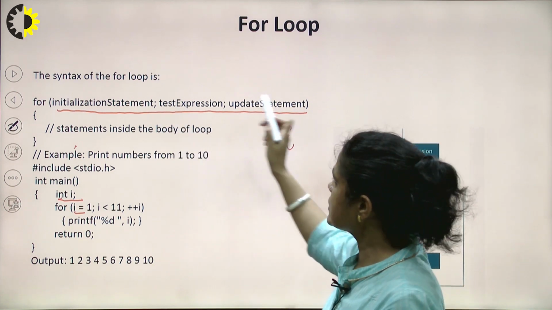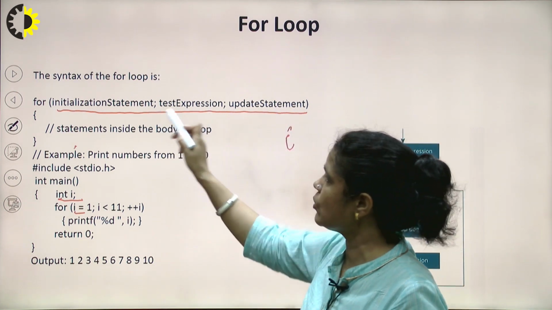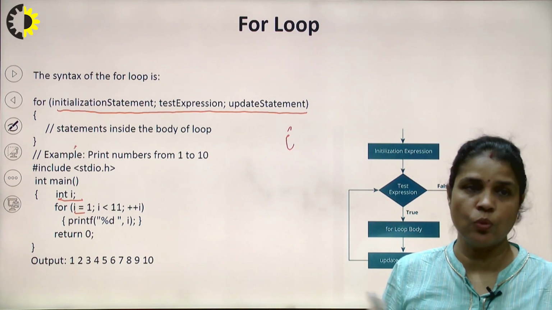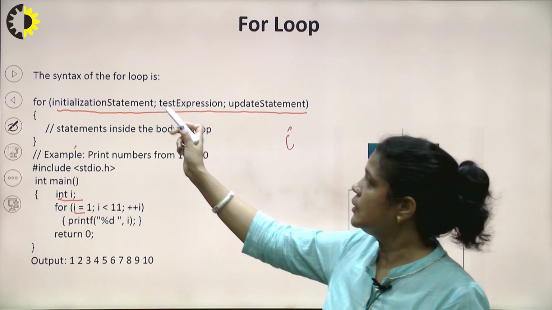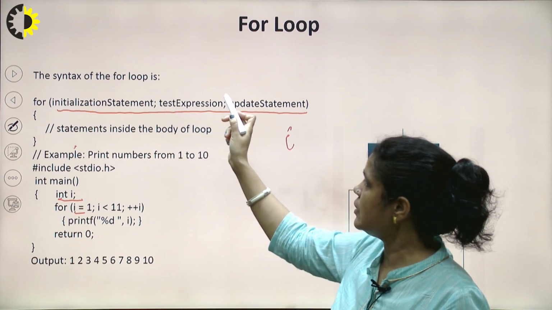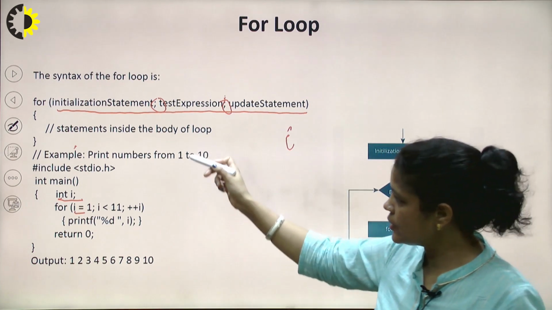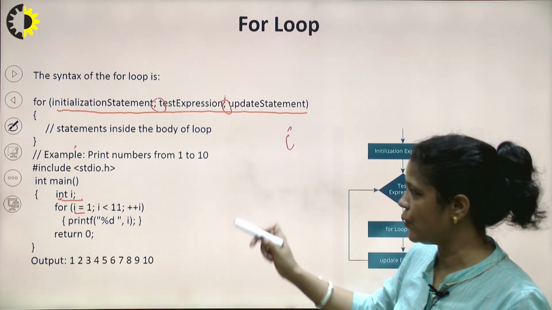All these three statements are separated with a semicolon. No other special characters are allowed here. No comma, nothing else. We need to write all three statements separated with semicolons, right? So here is a simple example for a for loop.